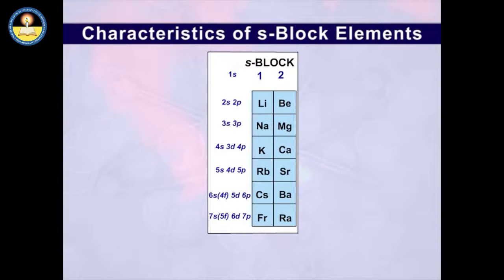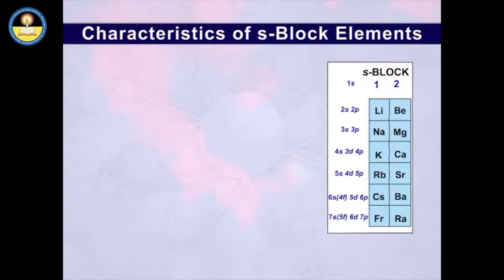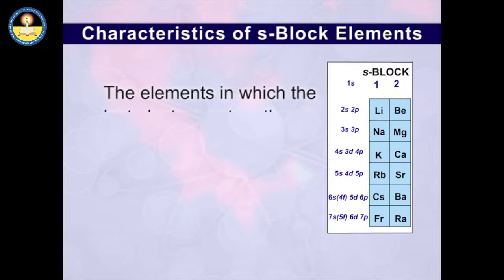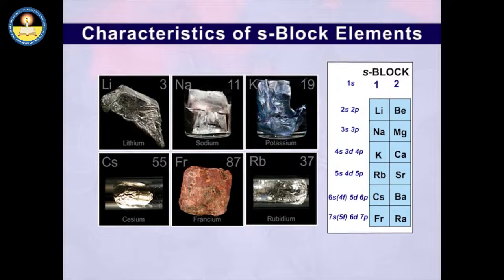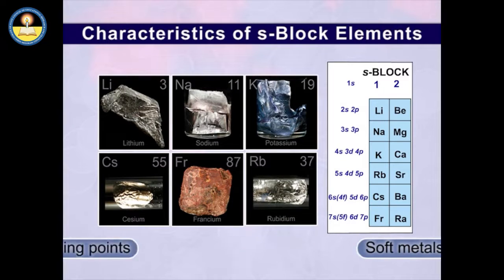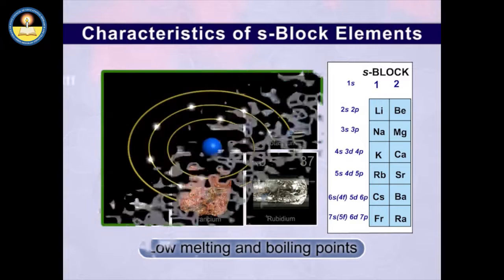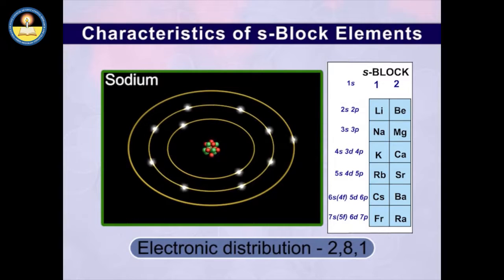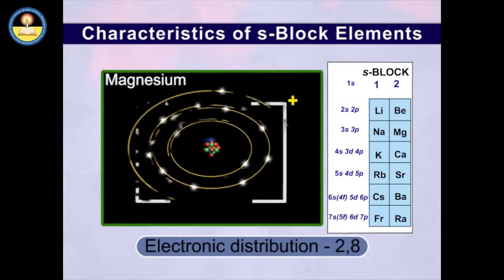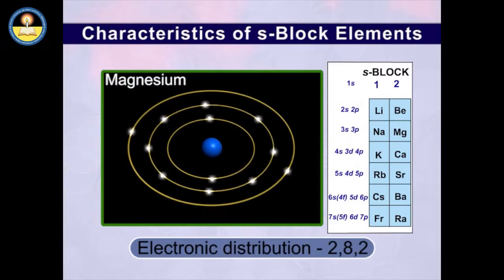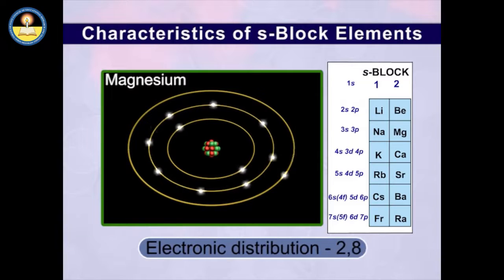Characteristics of s-block elements. The elements in which the last electron enters the s orbital of their respective outermost shells are called s-block elements. They are soft metals. They have low melting and boiling points. They lose the valence electron to form monopositive and dipositive ions.